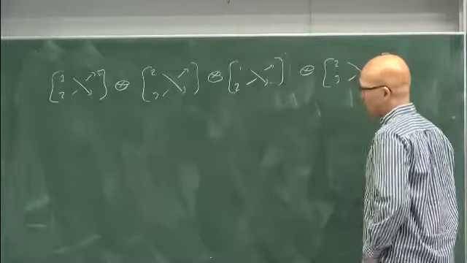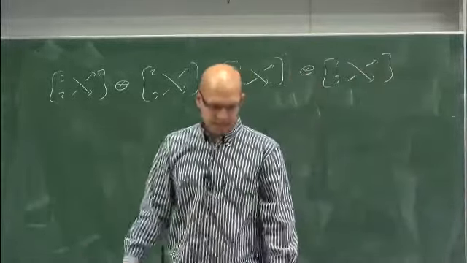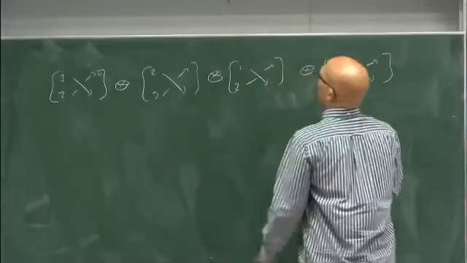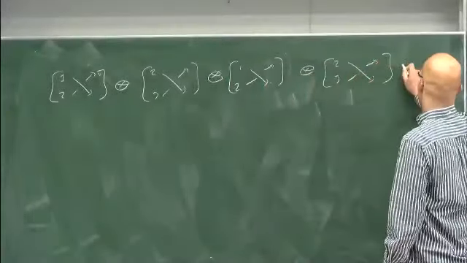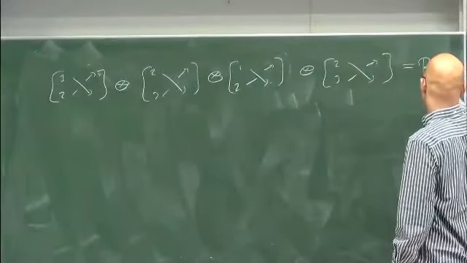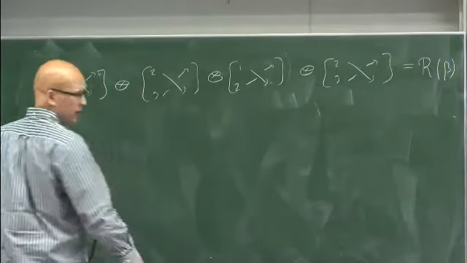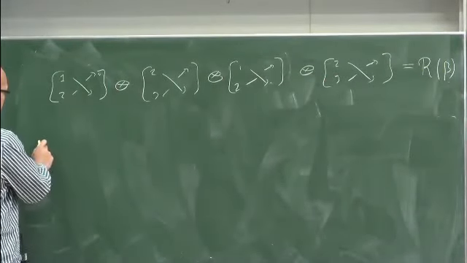Okay. Now you have some big complex. If my braid was called beta, then this is called the Rouquier complex of beta. And now I'm supposed to take its Hochschild homology.